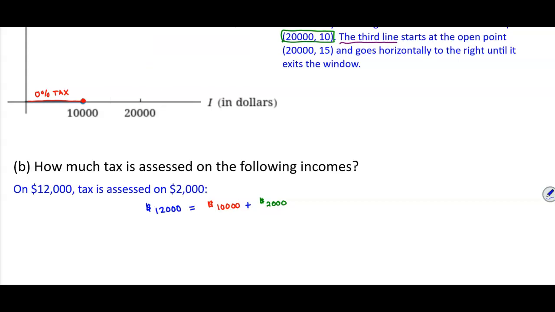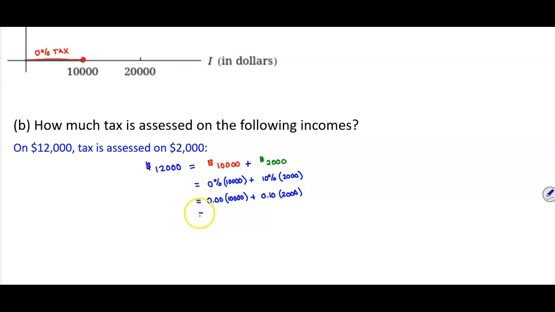So we have 0% of the $10,000 plus 10% of the $2,000. If we take 0 times 10,000, we get 0. And then 0.10 of 2,000 gives us 200.